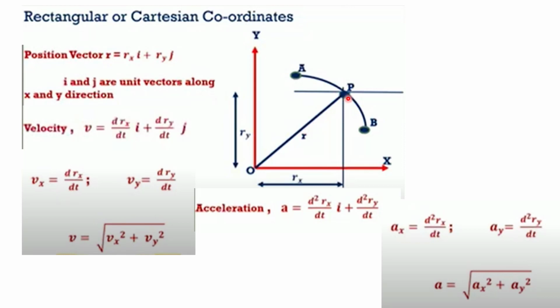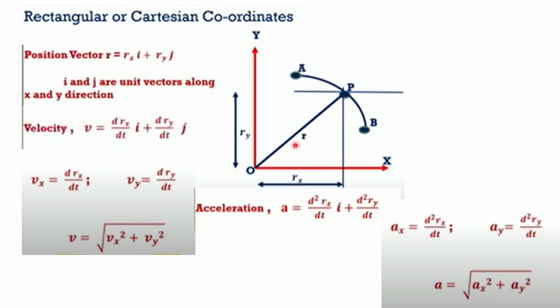In order to locate the point P, we need two coordinates, that is the coordinate along the x direction and the coordinate along the y direction. So let Rx be the distance of the particle along the x-axis and Ry be the distance along the y-axis.